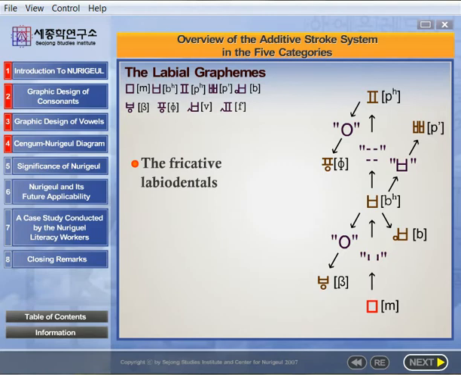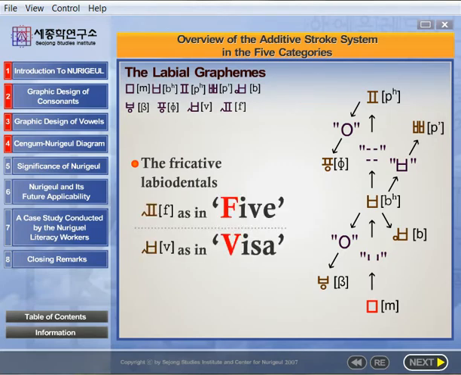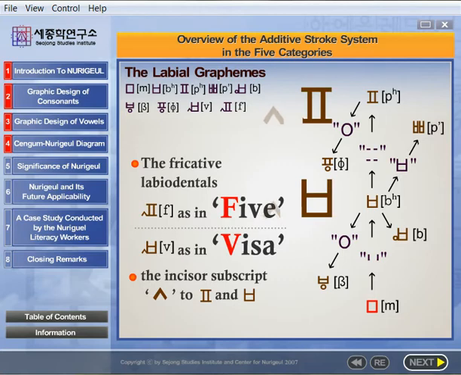The fricative labial dentals, F, as in five, and V, as in visa, are formed by adding the incisor subscript to the lower left corner of P, since the front teeth are sticking out between the lips for the production of labial dentals.